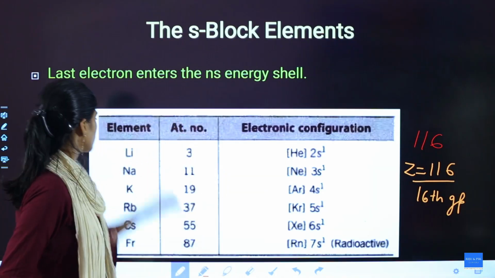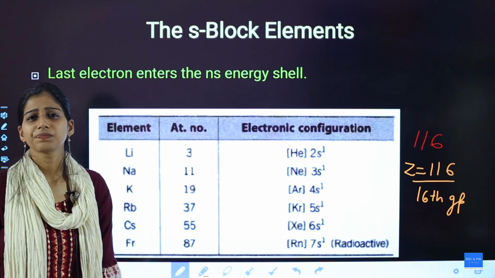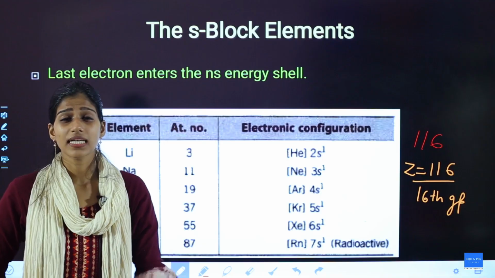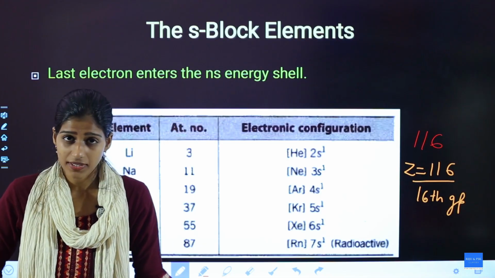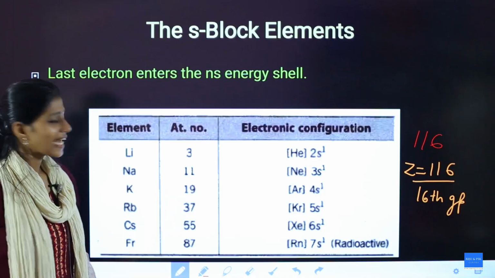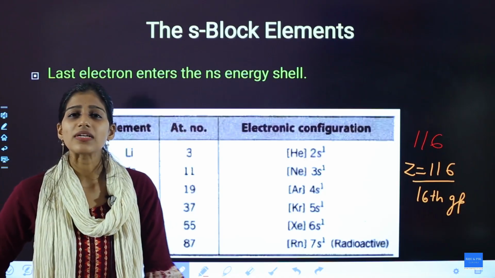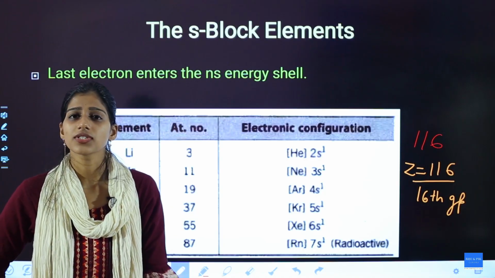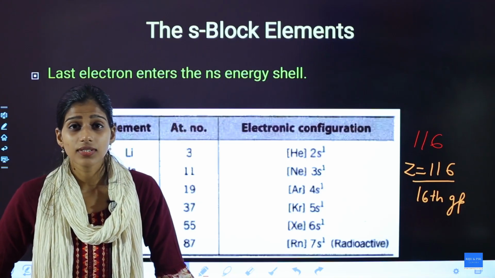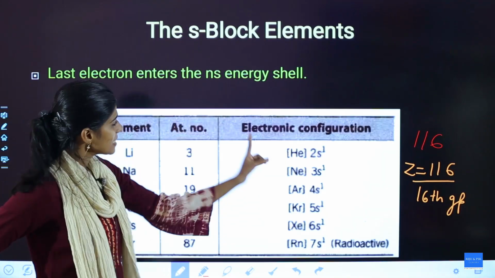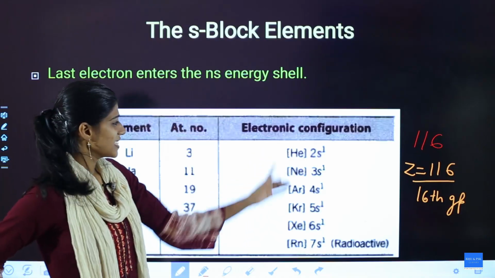So, this is about the first group, which are known as alkali metals. You consider the second group, alkaline earth metals. This would be your assignment for today's session. Write the electronic configuration of alkaline earth elements in this format, like you have helium, neon.